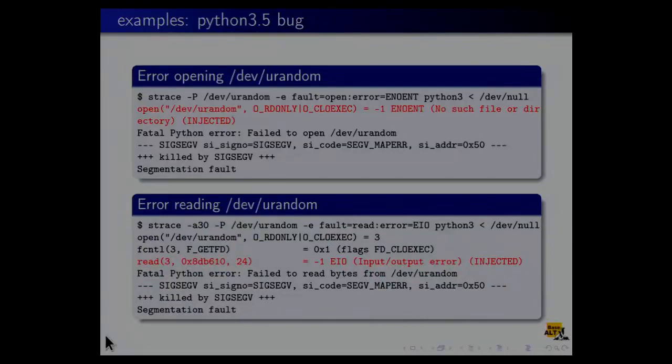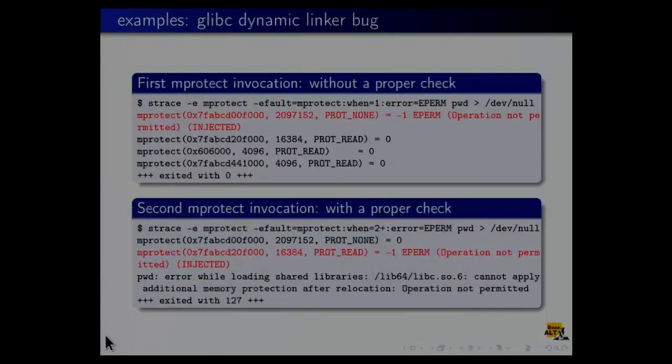Fortunately, this bug seems to be at least fixed in Python 3.6. First, they worked around it by using the getrandom syscall, but I actually tried to fault getrandom and found out that it no longer faults. That's a funny thing anyway.